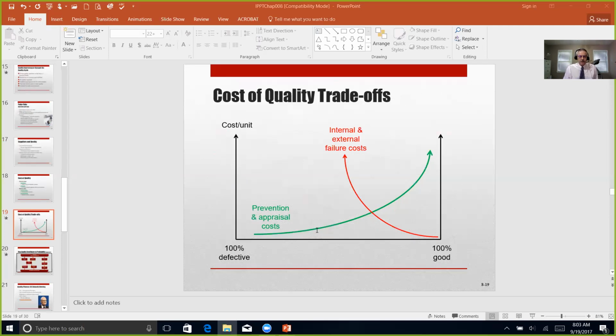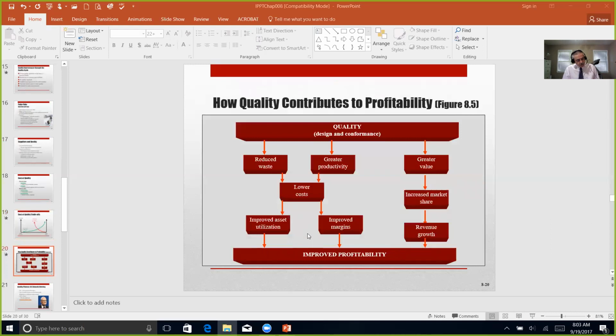And that's what that figure is really trying to get us to see as well. This figure 8.6 is another graphical representation of how quality can contribute to profitability.